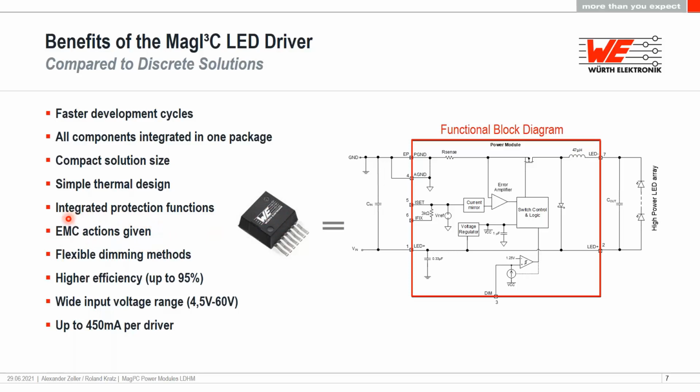Everything about EMC is given in the datasheet. You have multiple dimming methods. You have high efficiency for sure, and you have an input voltage range from 4.5 to 60 volt, which allows up to 16 LEDs, and you can have up to 450 milliamps per driver.